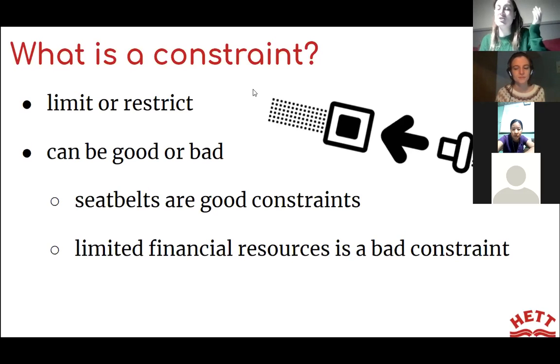A seatbelt is a good constraint because it holds you in case you're in an accident or you stop fast, so that you don't go flying through the window. But say limited financial resources, you have no money, that's a bad constraint, because if you have no money, you can't buy anything. So you can have good constraints or bad constraints.